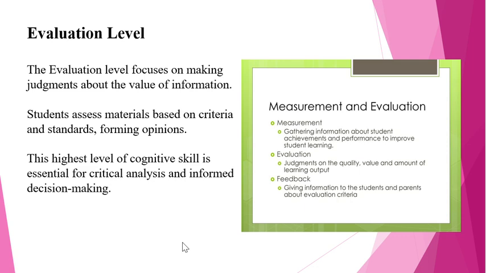In evaluation, we basically make a judgment on the quality, value, and amount of the given learning output. The third one is feedback. After taking measurements and making analysis, judgments, and evaluation, the last step is giving feedback. It includes giving information to the students or the parents about the given evaluation criteria.